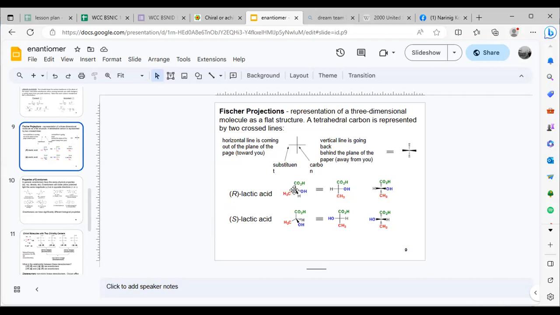So it will not be part of any quiz, but so that you know, these are one type of distinguishing one enantiomer from another. So the R and S naming nomenclature.